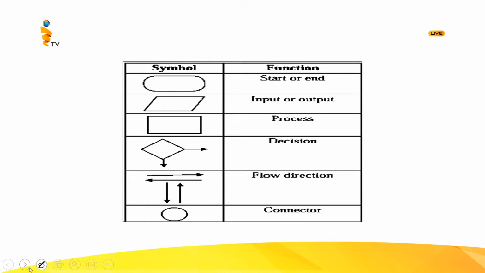In flowcharts, you have certain symbols. You may have seen the symbols. These symbols are in your textbook. Now, why have they given you certain symbols? Because these symbols are a kind of language.